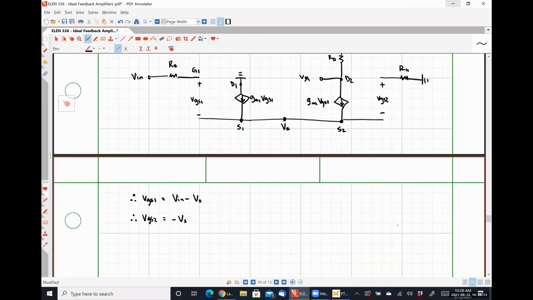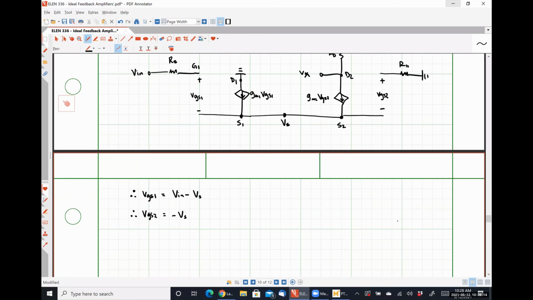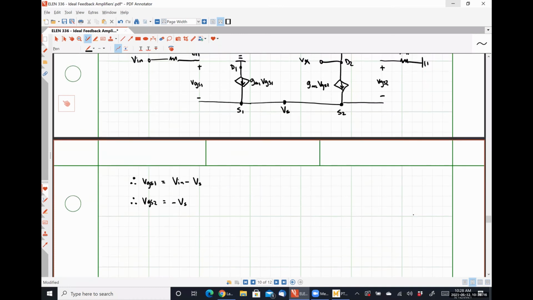All right, so if I do Kirchhoff's current law at node S, what I get is GM1 VGS1 plus GM2 VGS2 is equal to 0.